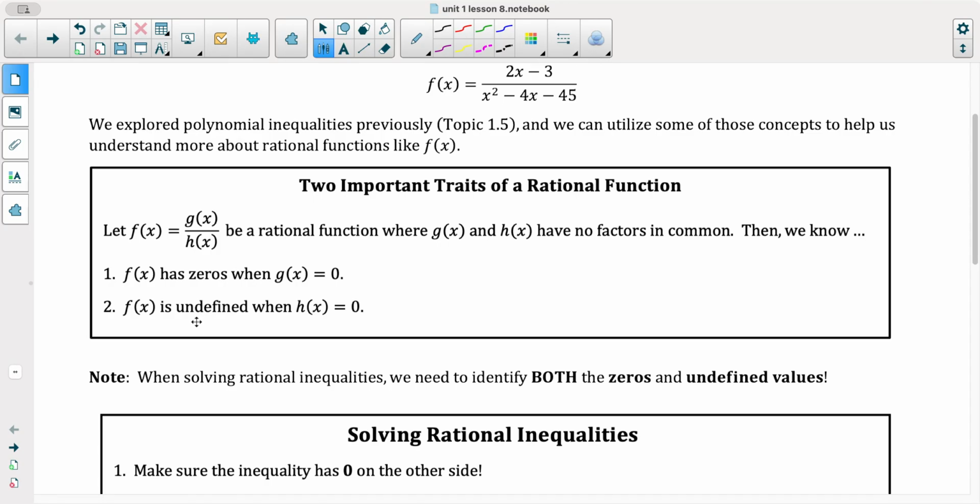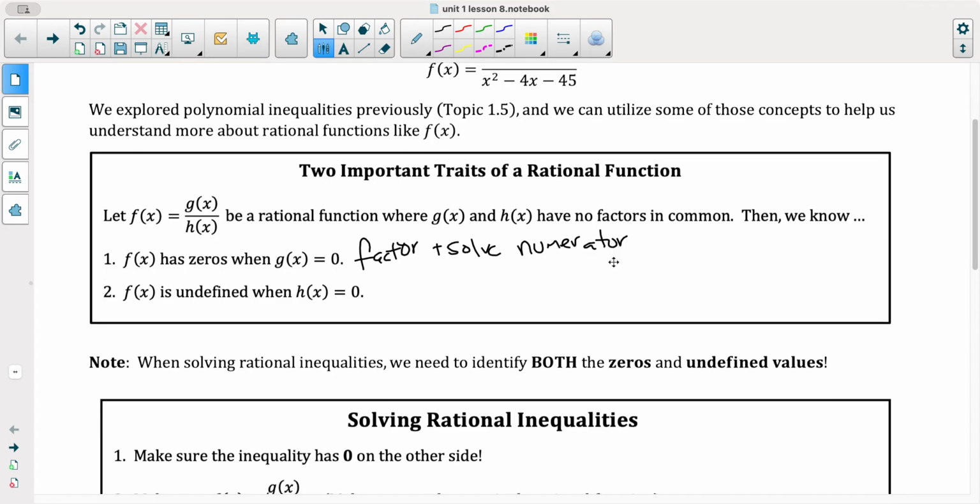And yes, definitely the function is undefined when the denominator equals 0, and we'll be getting into that more when we start solving and finding vertical asymptotes and all that. But the big thing is that you only need to factor and solve the numerator to find your roots, zeros, x-intercepts, solutions, however you want to put it. So you only have to worry about the numerator, which is kind of nice. It saves a little bit of work.